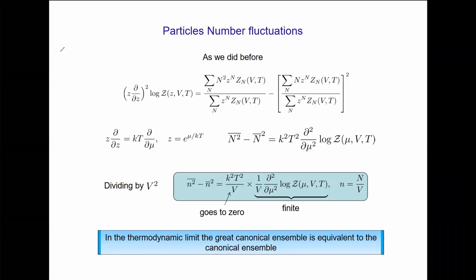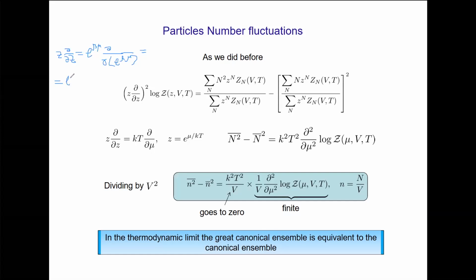So z d over dz is equal to exponential of beta mu, d over d of exponential of beta mu. But when you take the chain rule for this, you need to differentiate this factor with respect to mu, and this will give you exponential of beta mu.